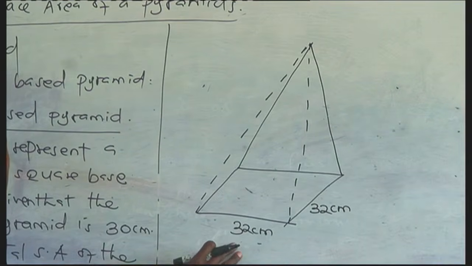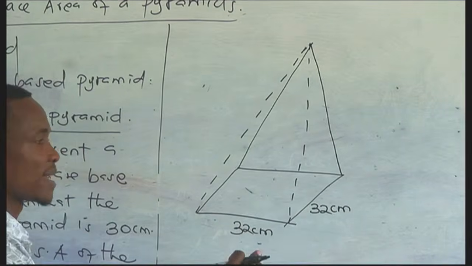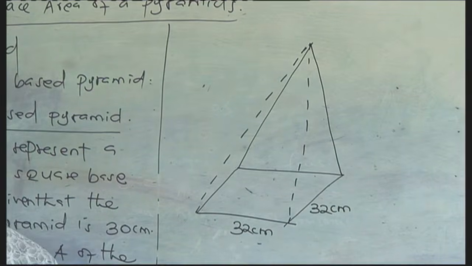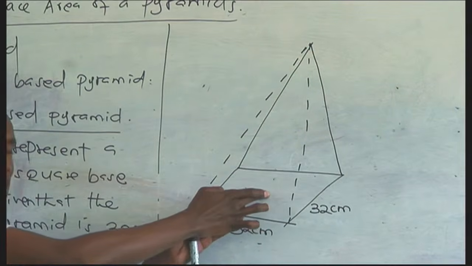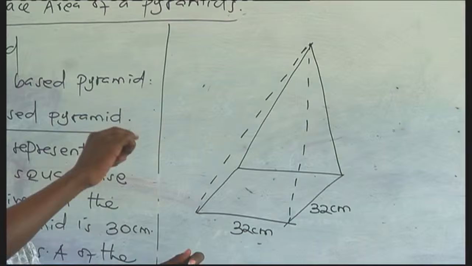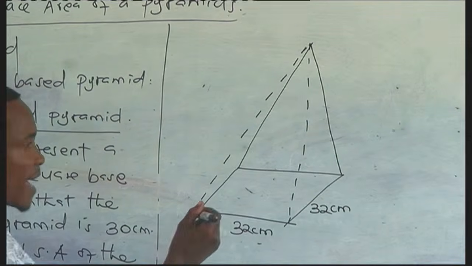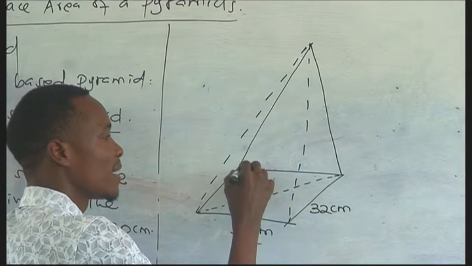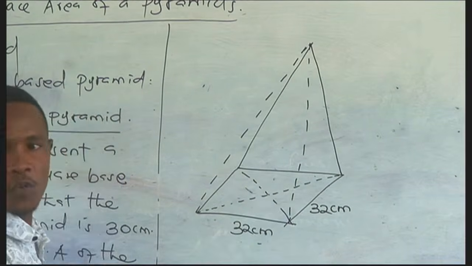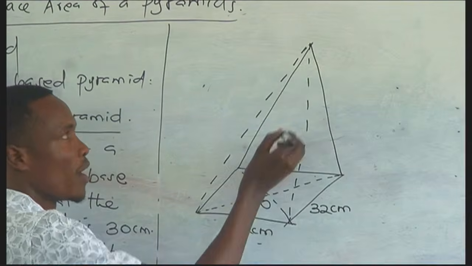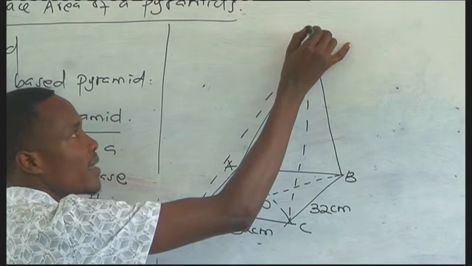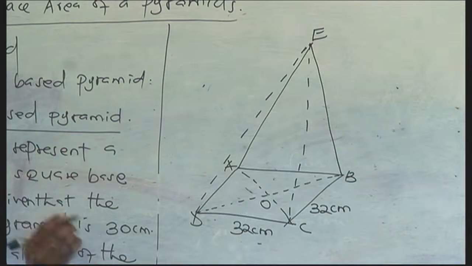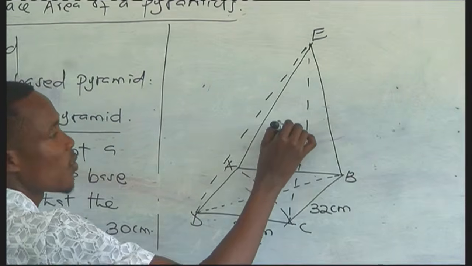Then the height that we are given is the perpendicular height, which comes from the top to the center of the square base, where the diagonals of the base meet. If we call the point where the diagonals intersect O, and the base is A, B, C, D, and the vertex is E, the perpendicular height given as 30 is this one here.